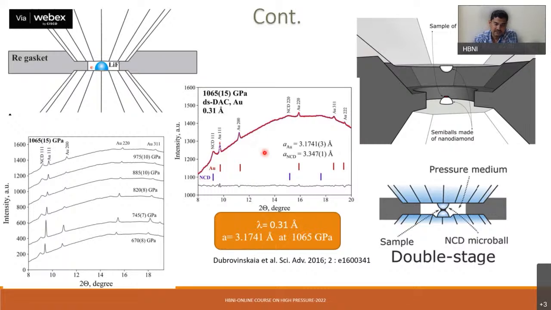They determined the lattice parameter of gold to be 3.174 angstrom at 1065 GPa, and this paper was published in Science Advances. In the next slide, I will show what kind of intricate, involved work goes into preparing these cells and gaskets.